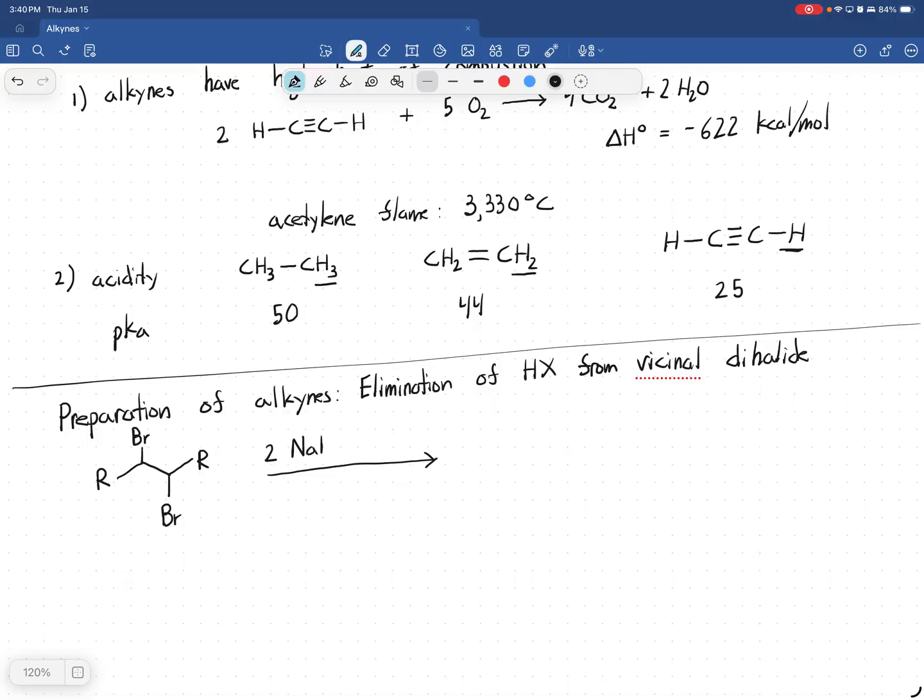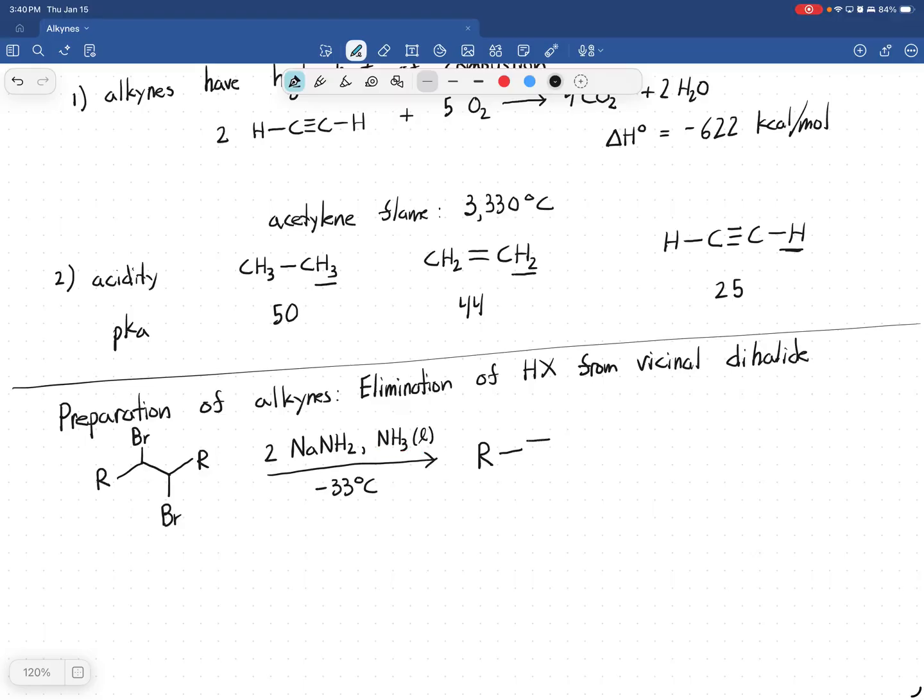So sodium amide and liquid ammonia. So you actually have to work with ammonia here. Negative 33 degrees Celsius is the temperature you'll have to at least maintain to get liquid ammonia. Okay, so once you do this, you form the alkyne pretty readily.